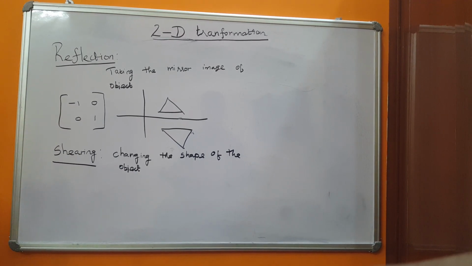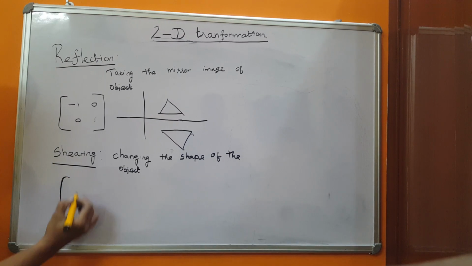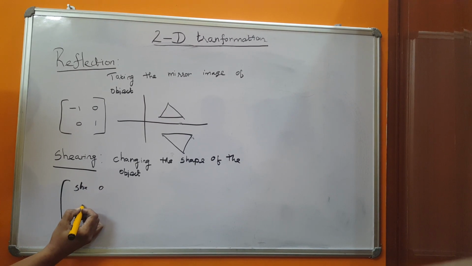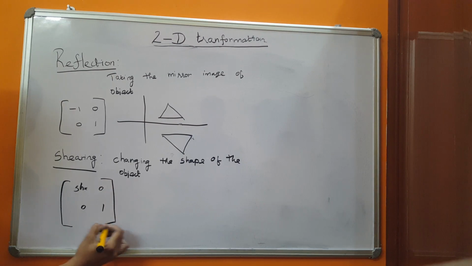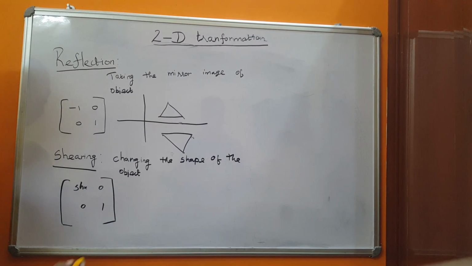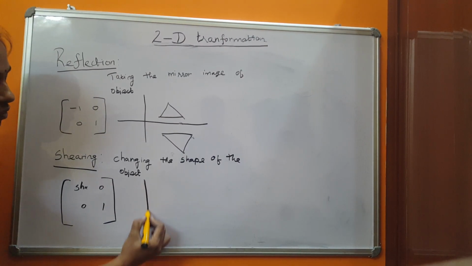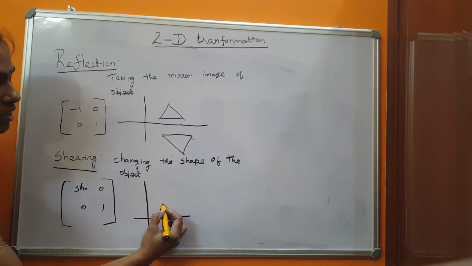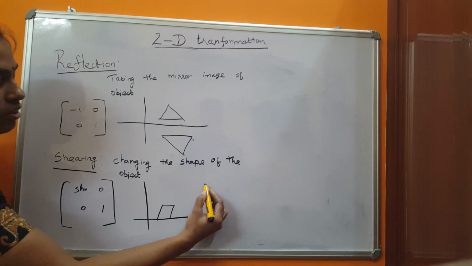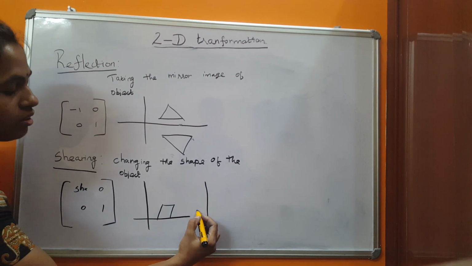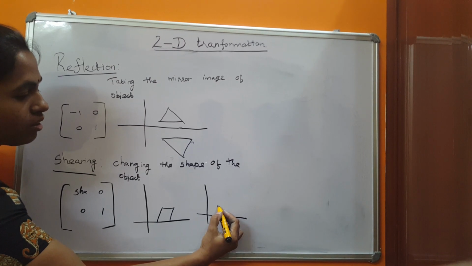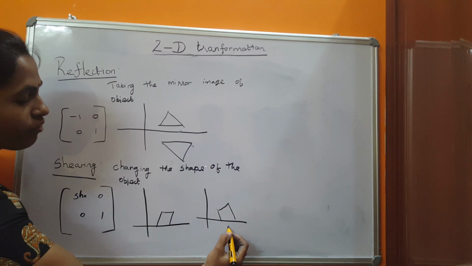The matrix for shearing is diagrammatic representation for shearing is, this is before shearing operation, this is after shearing.